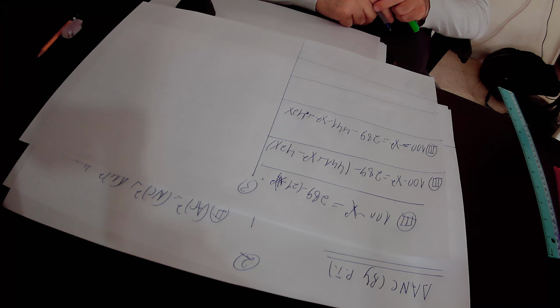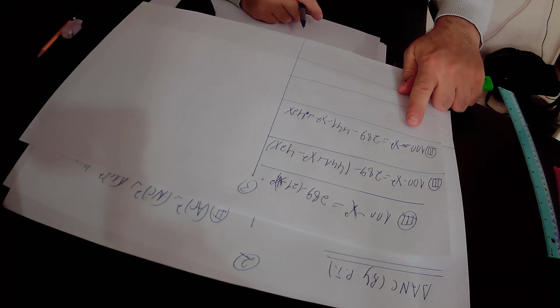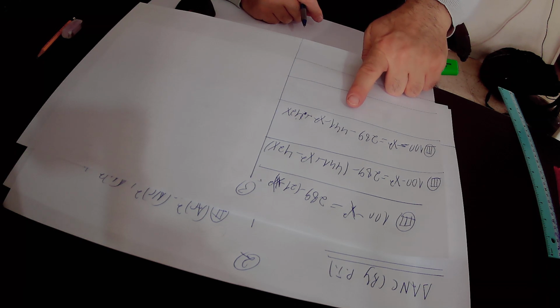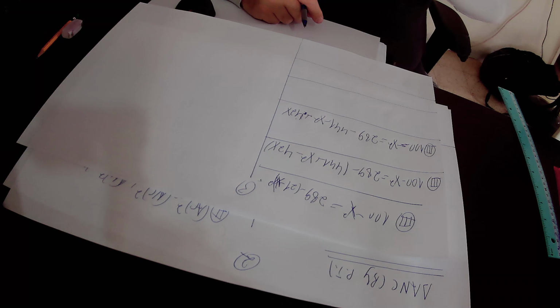So according to equation 3, we can find out that 100 minus x squared equals 289 minus 441 minus x squared plus 42x.